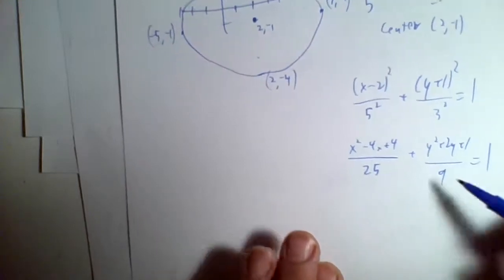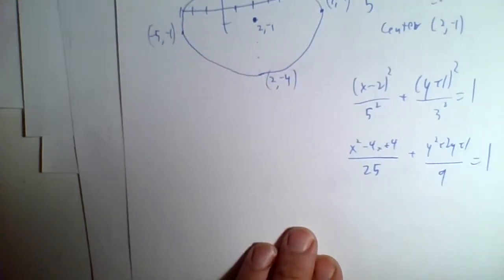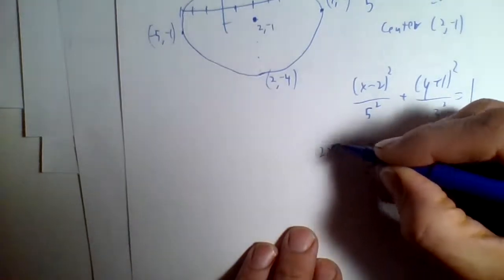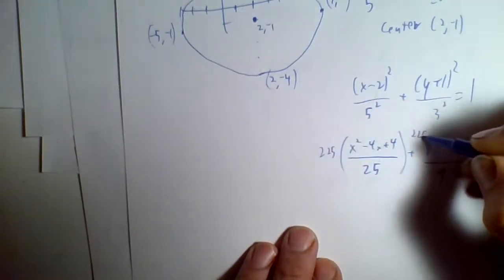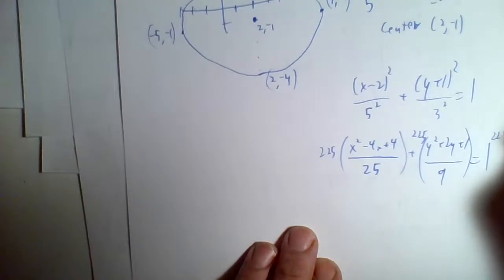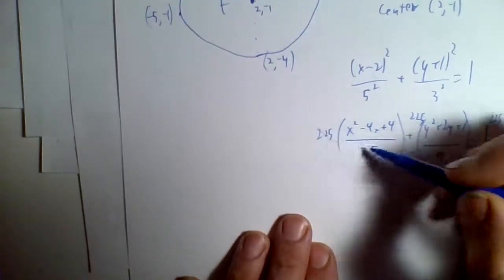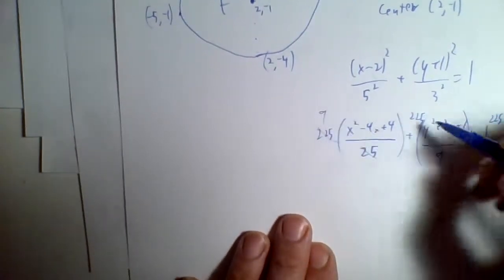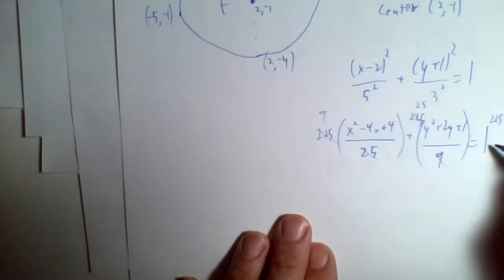Common multiple of these would be, what's 25 times 9? 225. So I might multiply everything by 225 to get rid of the fractions. Doing what my algebra instincts tell me to do on this. Get rid of the denominators.